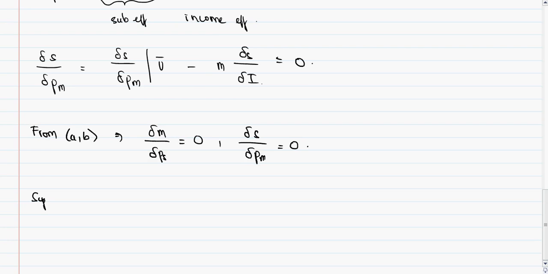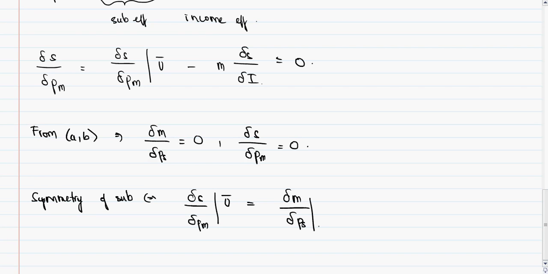Now the symmetry of substitution says that the substitution effect in the first equation will be equal to the substitution effect in the second equation. So that means the change in S on the change in PM, such that utility is constant, is equal to the change in M on the change in PS, such that utility is constant.